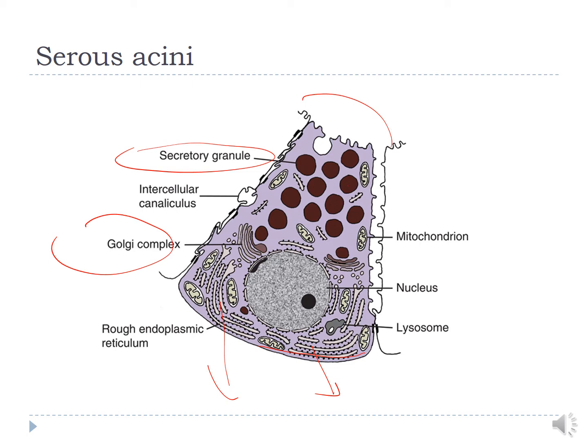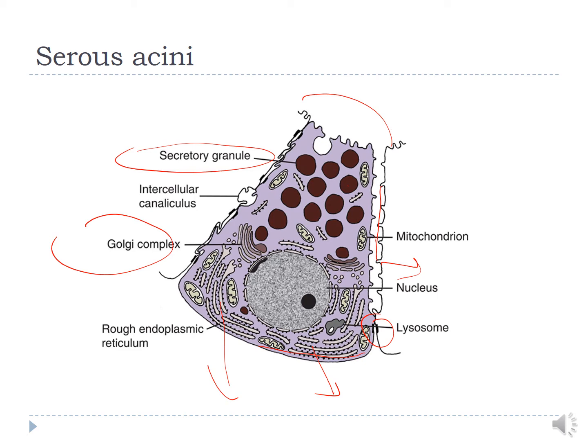Now the electron microscopic picture shows that adjacent serous cells are joined to each other by junctional complexes. So here you can see that these are joined by junctional complexes. Apical to the junctional complex, the intercellular canaliculi exist between the adjacent serous cells. You can see these intercellular canaliculi between two cells.